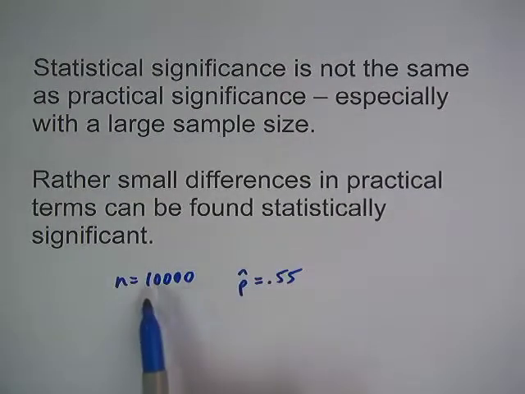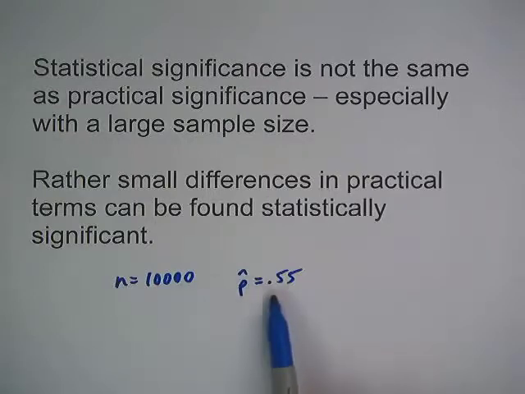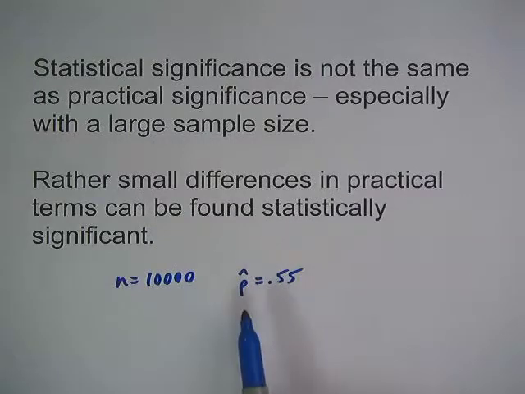Well, if we flipped a coin 10,000 times, chances are this p hat value will be statistically significant, because with that many flips, being about 0.05 off of the null hypothesis of 0.5 is probably going to be statistically significant. So even though that 0.05 isn't that far in practical terms, if we take a large enough sample, this sample proportion will likely be statistically significant.